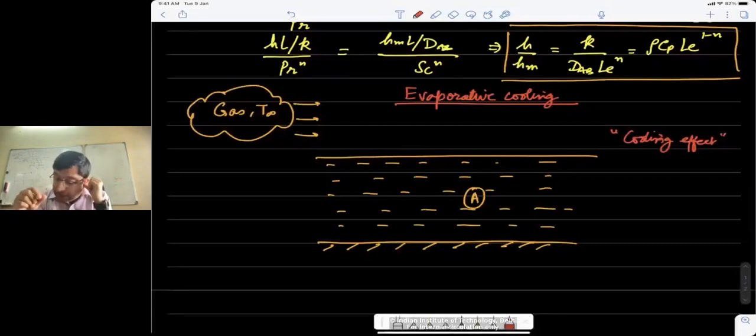But now, if I'm looking at a steady state problem, the liquid cannot just indefinitely cool. It's not like the water will become ice one day. There has to be a sweet spot, and the sweet spot is dictated by the steady state.